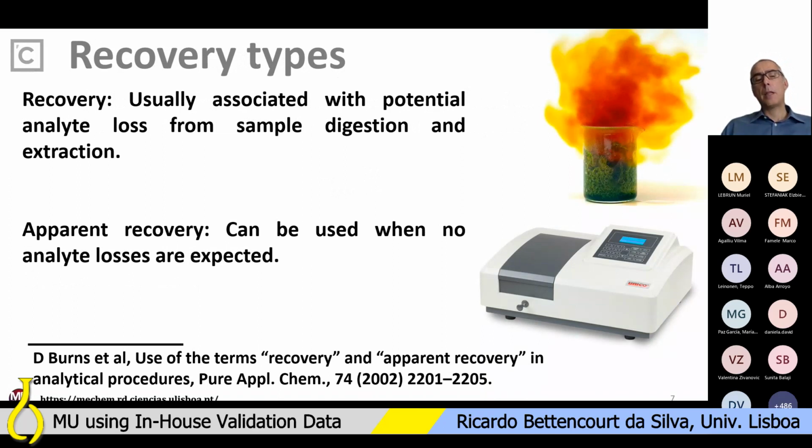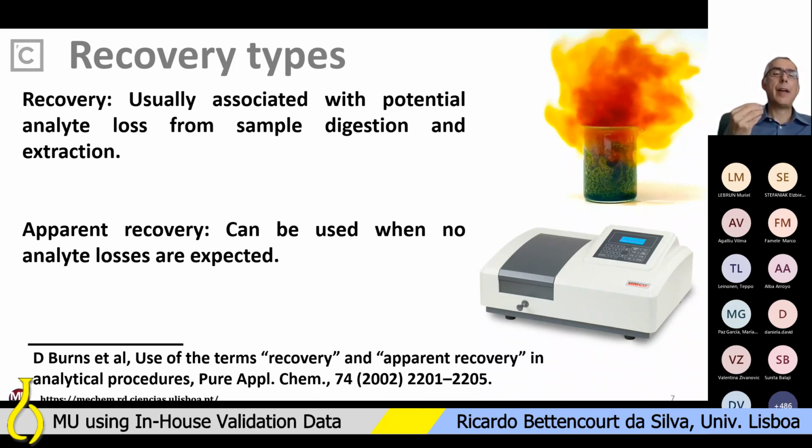But I have to say that some authors only like to use the word recovery when there is a potential loss of analyte from a sample digestion or a sample extraction, and they prefer to use the term apparent recovery when we have a direct measurement of our sample without any sample preparation.